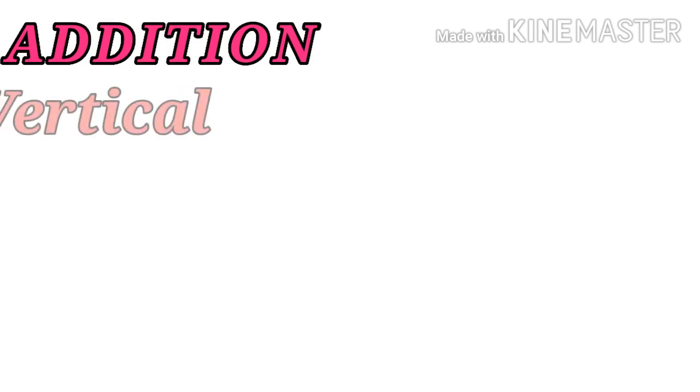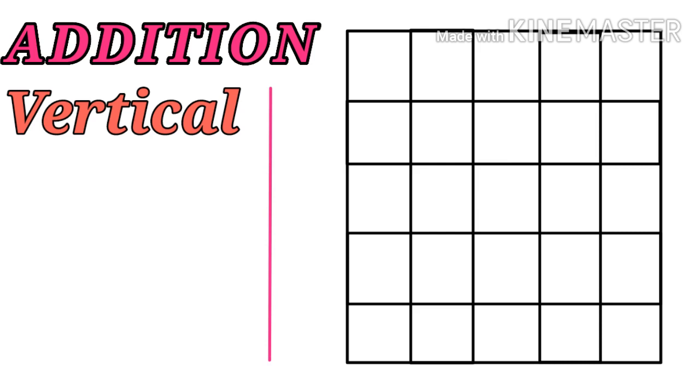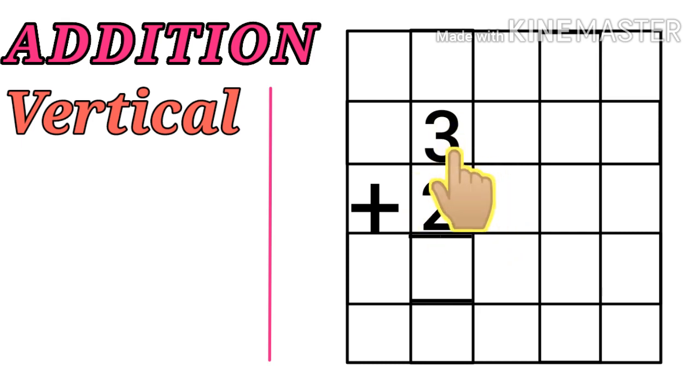Children, now we will learn how to do addition in vertical form. You will write the numbers in one column like this. First, we will write number 3. Then, below 3, we will write number 2.